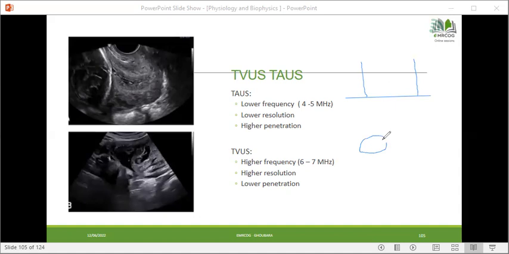They will hit an object here, for example, the uterus. The sound waves will hit the uterus and return back to the crystals. The crystals will translate those ultrasounds to dots that will appear on the screen.